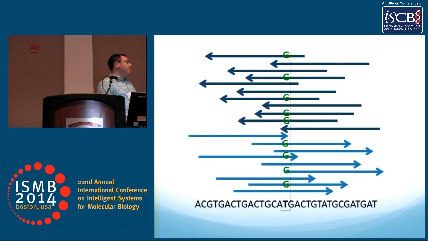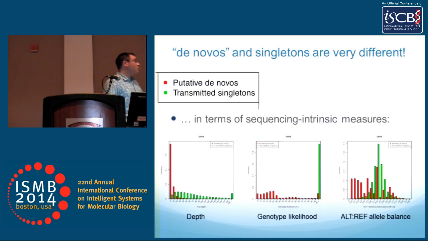In this case, you have a T to G SNP, so there are G bases on these alternate allele reads, seemingly, and the question is, do these reads have certain properties in de novo mutations, or what look like de novo mutations, that let us filter out false positives? These are just the key metrics that we've looked at, but we've looked at others, and they'll be listed on the next slide and in our paper.